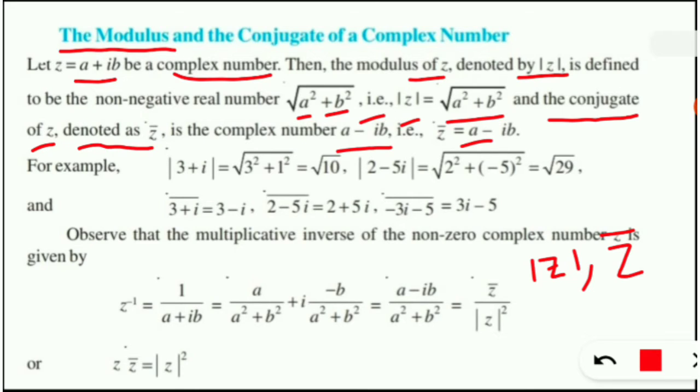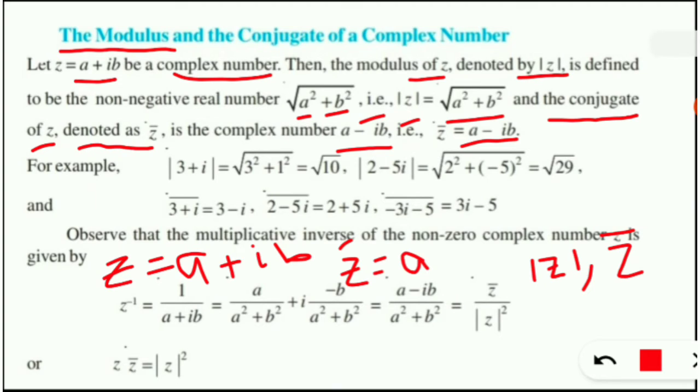That means if z equals a plus ib, then the conjugate of z, denoted by z bar, is z bar equals a minus ib. Clear? That means we put minus i in the place of plus i.